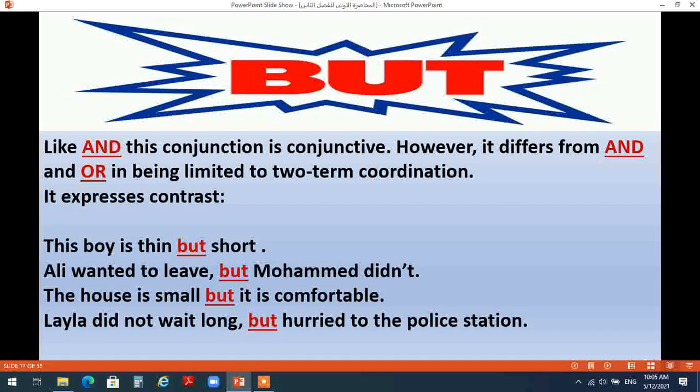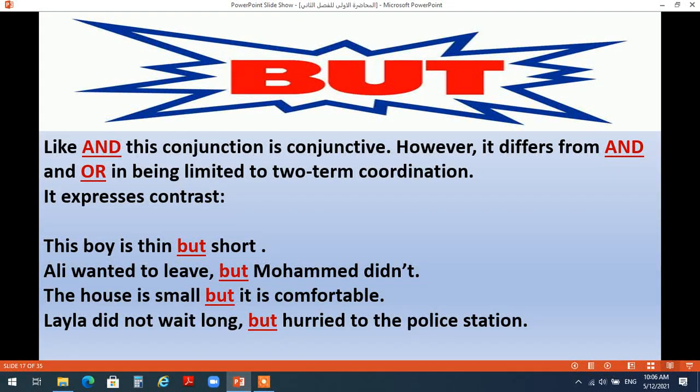المعنى اللي تعبر عنه but، it expresses contrast، تشير إلى التناقض. For example, this boy is thin but short. إذن thin وshort ممكن أن يكون هنالك بعض التناقض ما بينهما. علي wanted to leave but Muhammad didn't. لاحظوا هنا أيضا it expresses contrast.